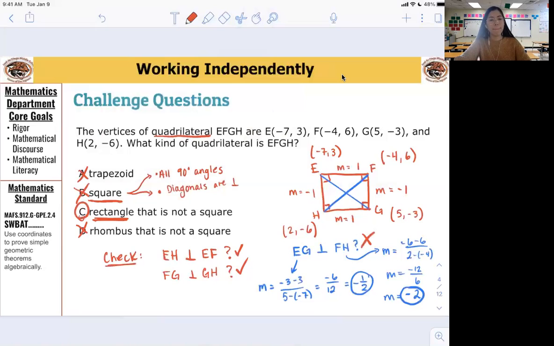Ms. Lopez, can I tell you a secret? You're probably going to be disappointed in me. On the algebra test, they had us do something like this. And what I did was I went to the coordinate plane from another question and I grabbed the point. That's illegal. No, it's smart though. It's not illegal because guess what?